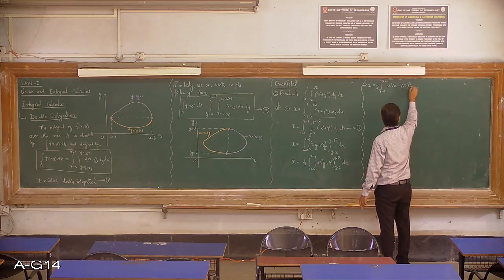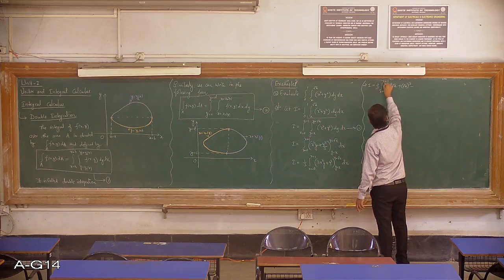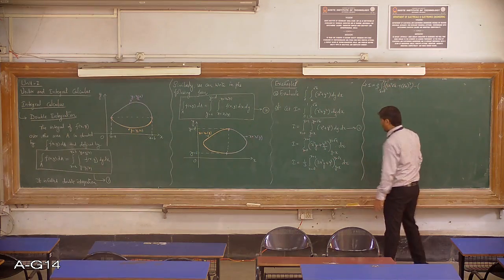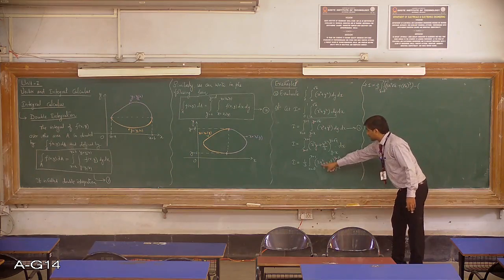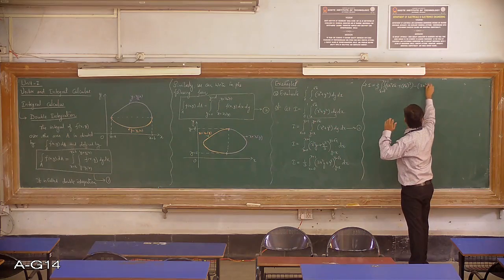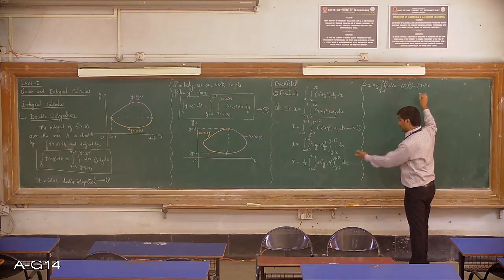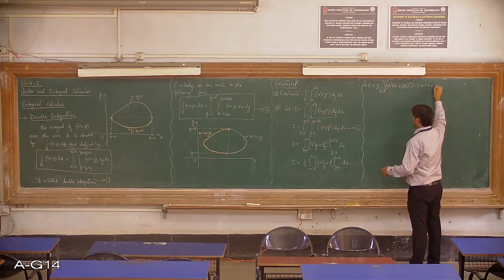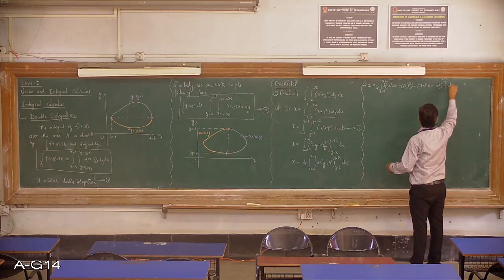This is for the upper limit, minus the lower limit. The lower limit is y equals x, so wherever y is there, we replace it with x. Then it becomes 3x square into x, plus, instead of y we are writing x, so it is x cube. Then here it is dx.